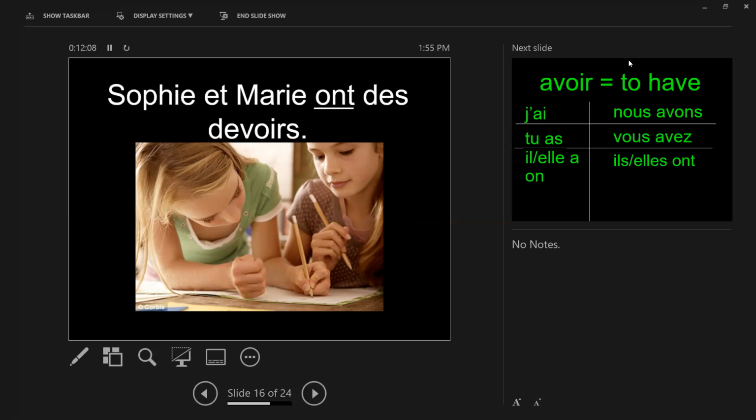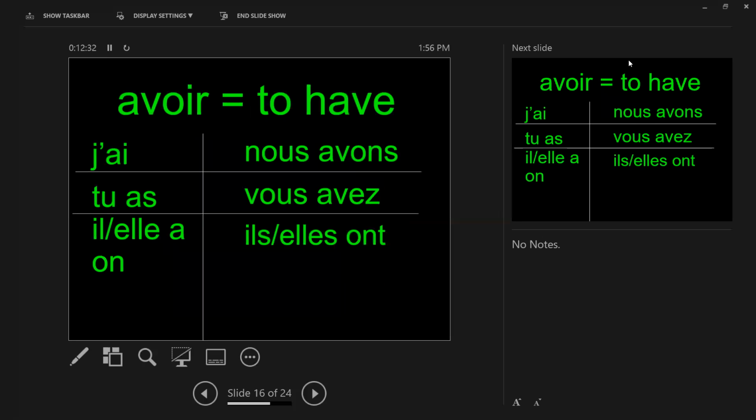In your textbook assignment, you're going to have questions like this. This will be blank. You need to understand that Sophie and Marie is equivalent to they have, feminine. Just because it doesn't say elles doesn't mean that it's not this one. You have to recognize that this could easily be switched to elles, they, plural, feminine.